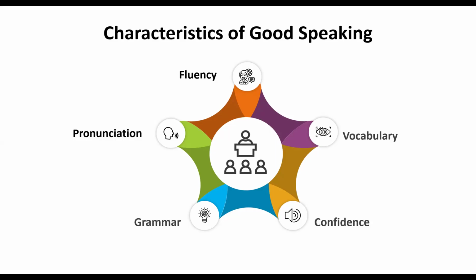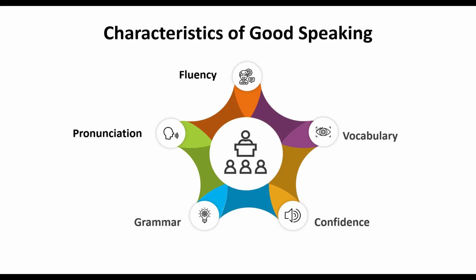And then the grammar. I think if we can speak to our friends clearly with good grammar and our friends can respond to our speaking comprehensively, it means that we have been in a good situation.